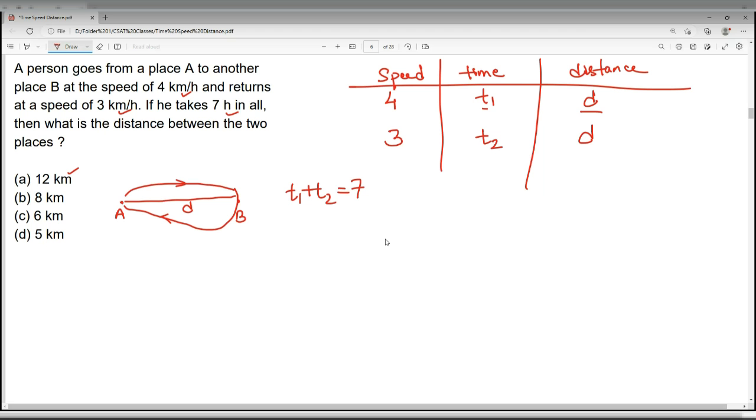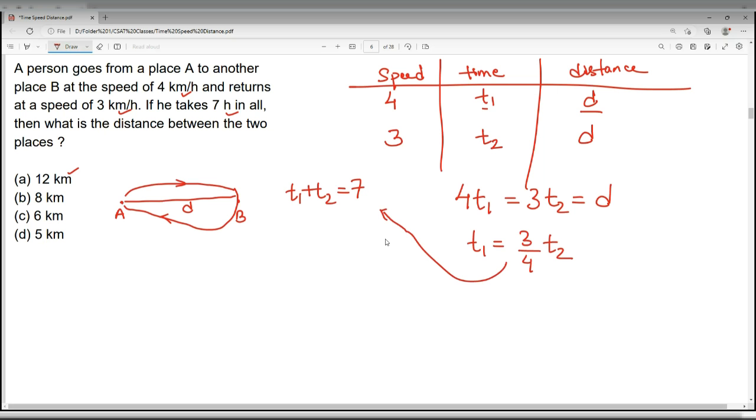And we also know that 4t1 is equal to 3t2, because both are equal to d. So we know t1 is equal to 3 by 4 t2. Substitute the value here.